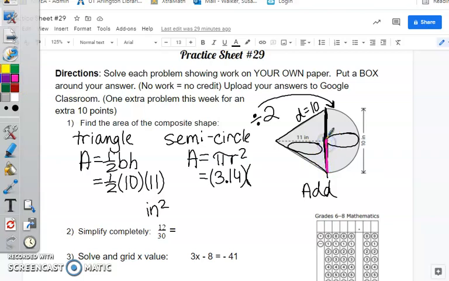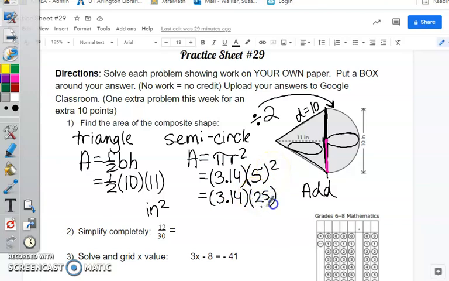Okay, so that means we're not going to use 10. We use half of 10, which is the radius. Half of 10, 5, and we square it, okay? So 5 squared, remember that means 5 times 5.